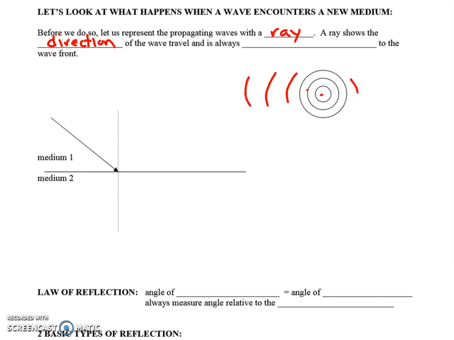Or we can represent the direction of wave travel with an arrow like this, or like that. And those rays we're drawing are, in general, always perpendicular to the wavefront. So if I were to draw a ray of light, you could draw the circles around it such that they are perpendicular to that ray.